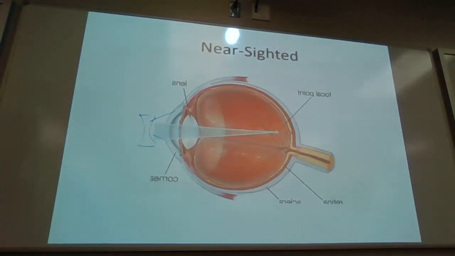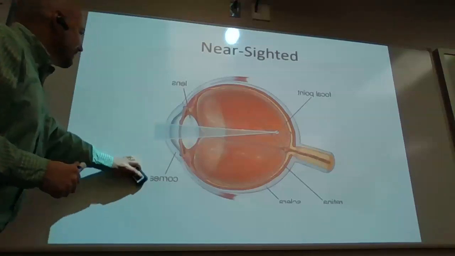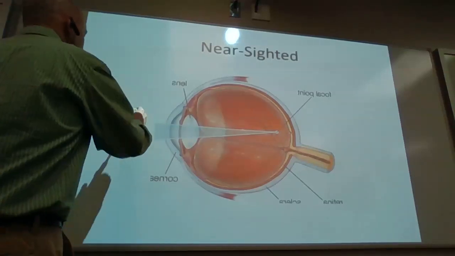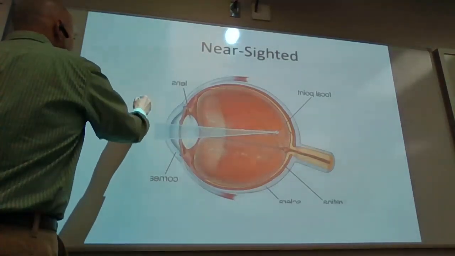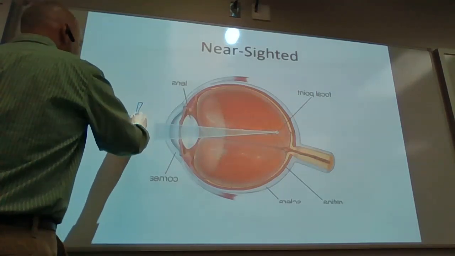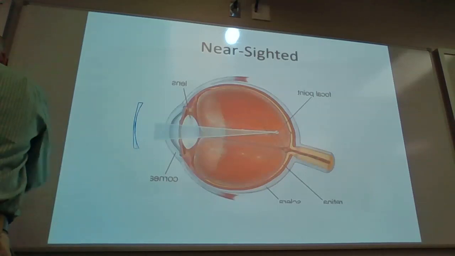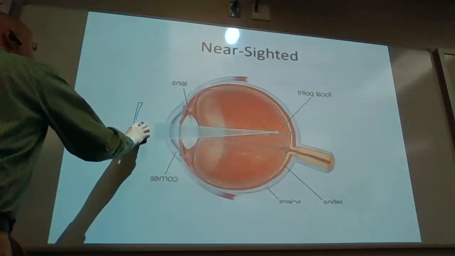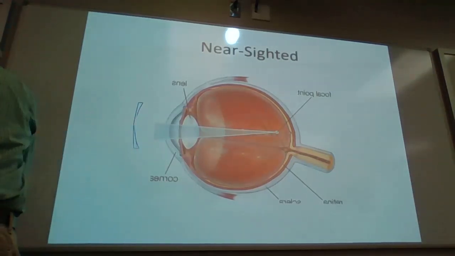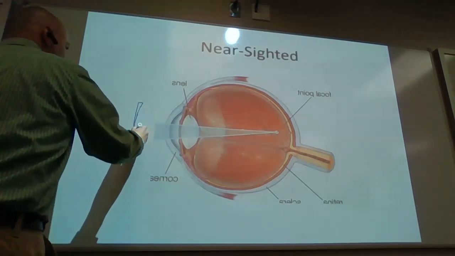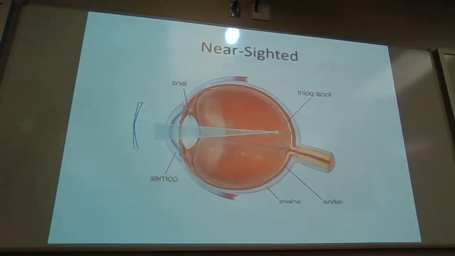So, a divergent lens for glasses looks something like this, where it's a little bit thicker on the outside than it is in the middle. Does that make sense? Okay.